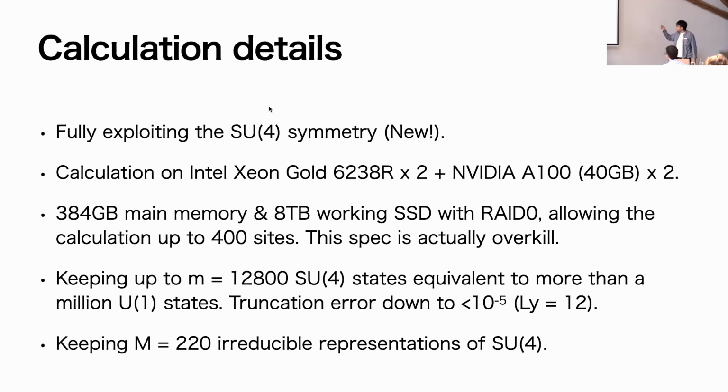The important thing here is, I wrote 12,800, but this is the number of states of the SU4 multiplets, and if we convert this number to the usual DMRG with U1 symmetry, then this corresponds to 1 million U1 bond dimension, which I think is kind of the world record of the DMRG, and without this number we cannot get the results of the new quantum spin liquid.